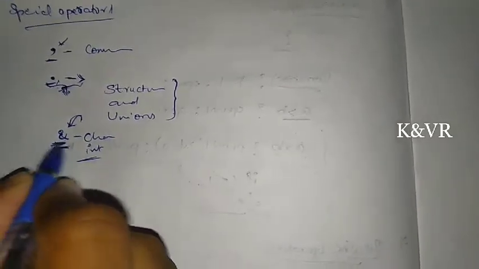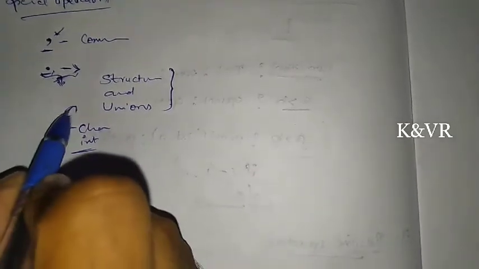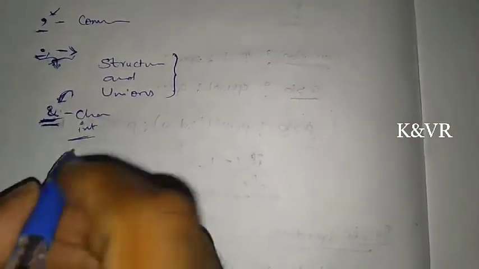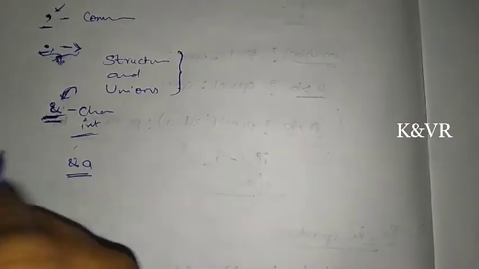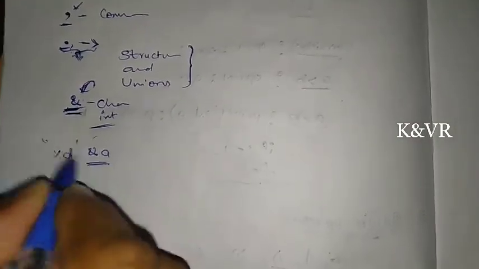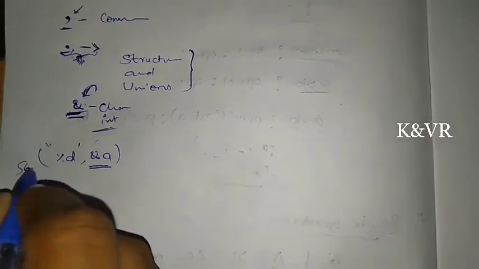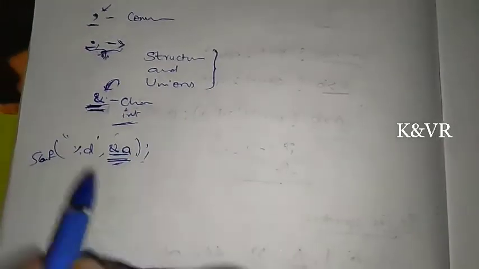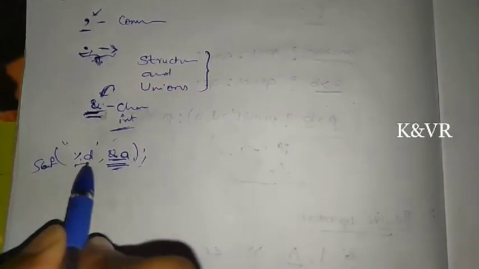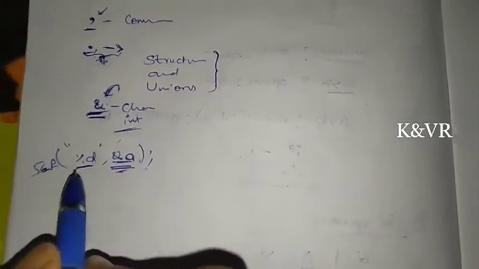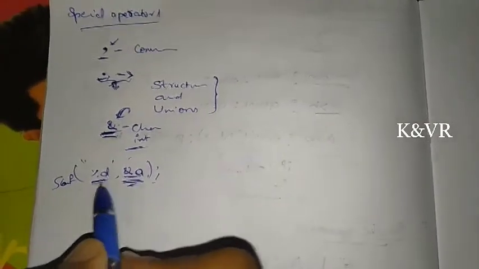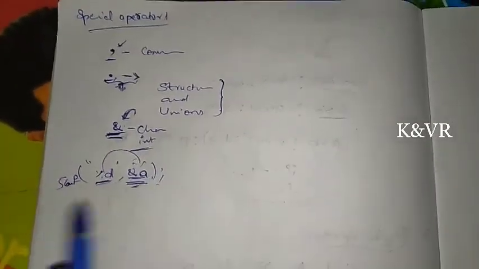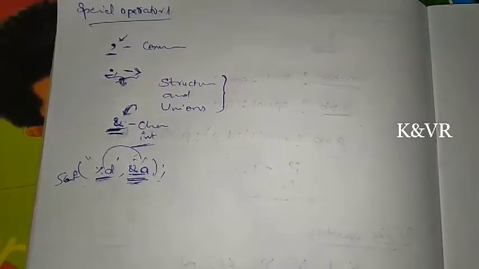We use the address of operator to store a value to the address of a, I'll take address of a, scanf %d. What happens here is, it will read some value from the user and store this value to a. This is the purpose of the address operator.